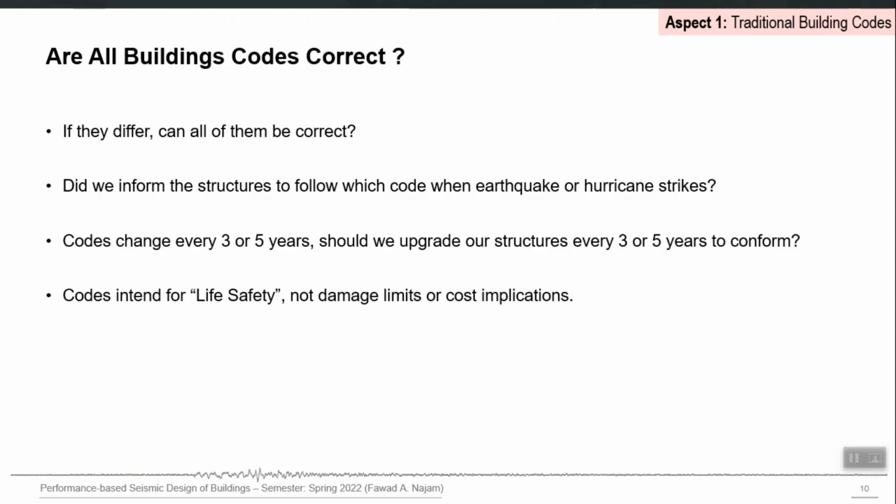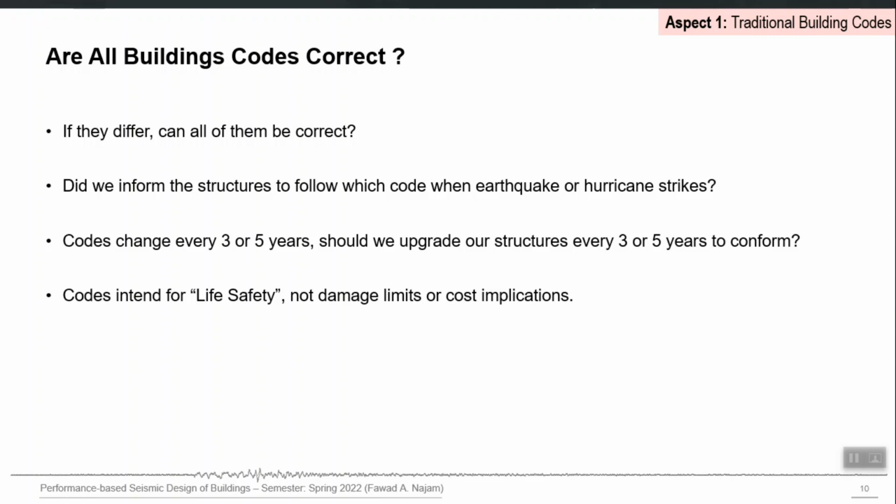Similarly, building codes change after every 3 to 5 years. What happens is that we set a rule for ourselves to follow, and we then come to know that this rule is not correct, it requires some improvement. So we come up with a newer version of building codes, and it changes after every 3 to 5 years, depending upon which code family you are talking about.